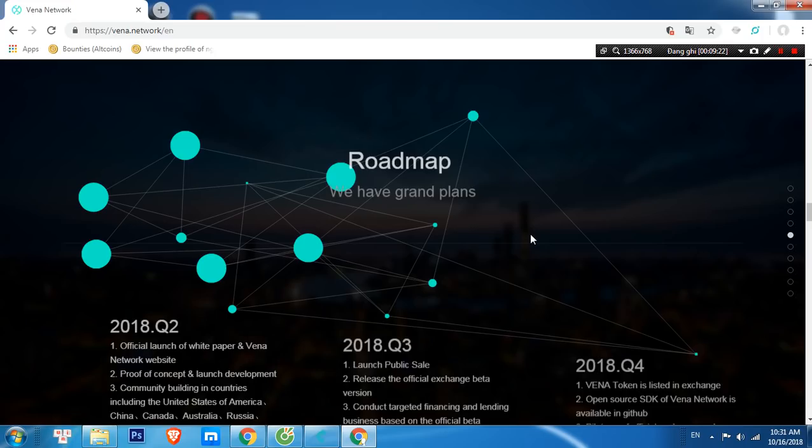Each Vena node operates as an independent commercial organization which will gain profit from the financial services it provides. The mission is to promote the healthy development of the cryptocurrency community.